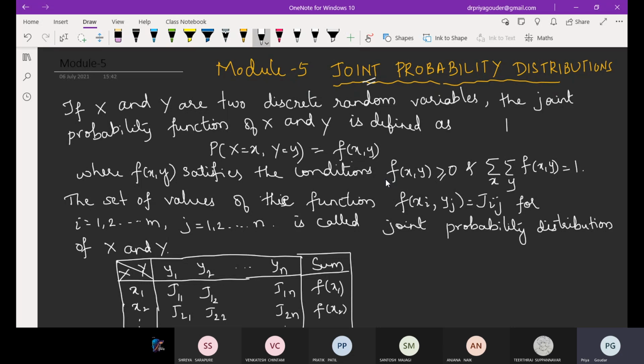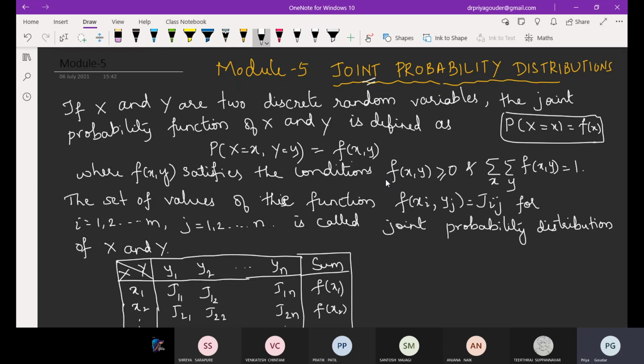If you remember what we have taken, probability of X equal to x is equal to p of x or f of x. So what we have taken till now is only for one variable x. So instead of only one variable, suppose if you have more than one, that is 2 here, then it is called as joint probability function. Now how it is defined?